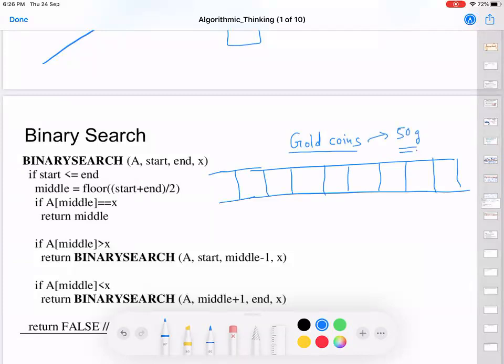But among these gold coins, there is exactly one coin which is less than 50 grams. So I have all coins here which are of 50 grams, and at any one location you can have one coin which is less than 50 grams. We call this the counterfeit coin, right? And then I want you to figure out which is this counterfeit coin over here.